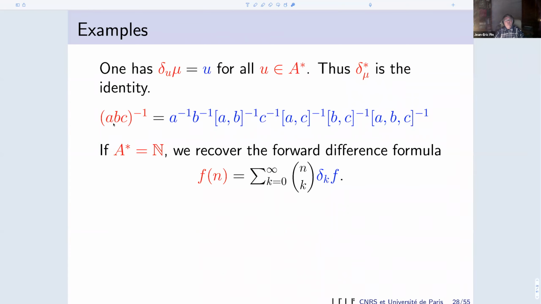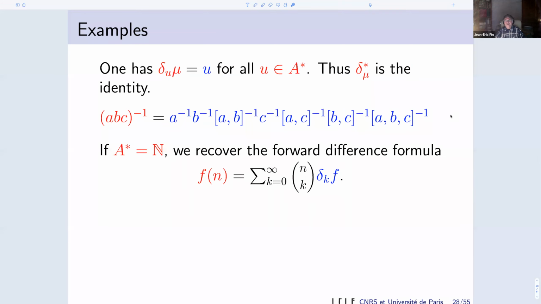First of all, I want to look at the first example I considered, the inverse function. It turns out that if you compute delta u of mu for the mu function, it's just the identity. So it means that delta star mu is the identity. Applying this formula we had before, I give you just an example.